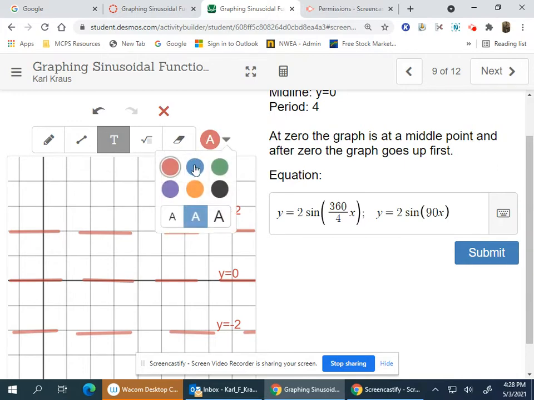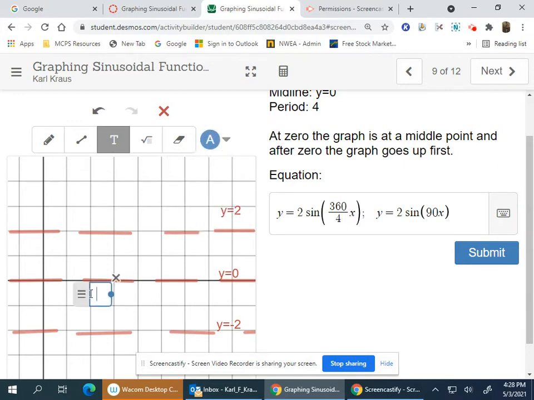So let me label the x-axis in blue: 1, 2, 3, 4. Get these numbers in the right places here.